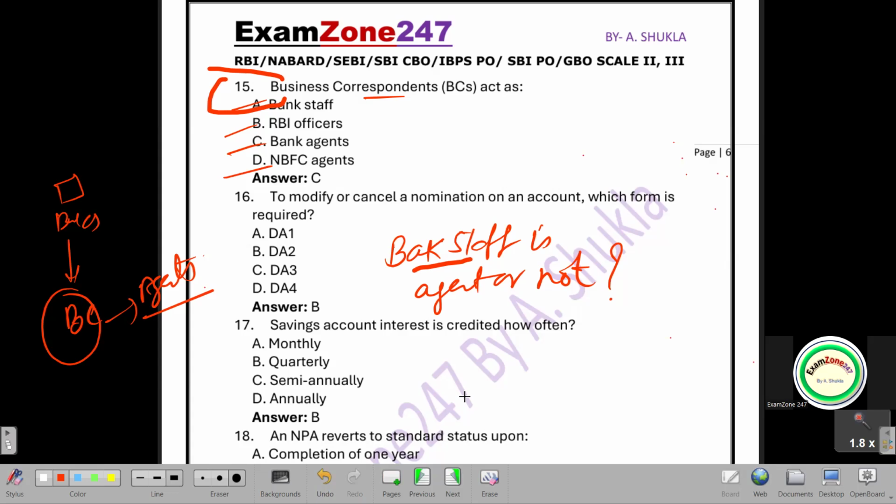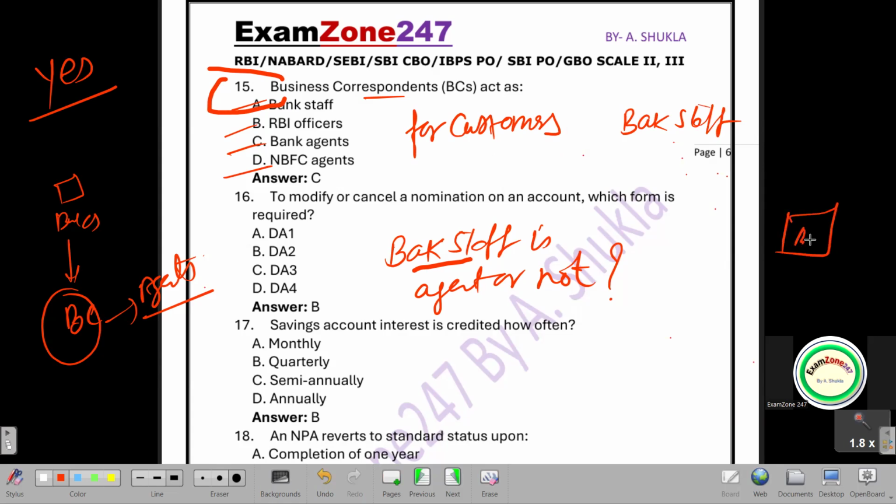Nobody is able to answer. Yes. For customers, here is the customer, here is the bank staff, here is the bank. Bank staff means this is the branch.